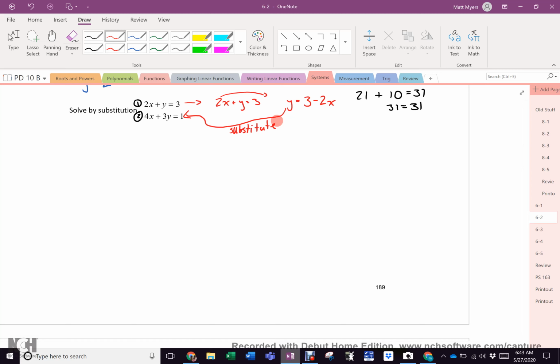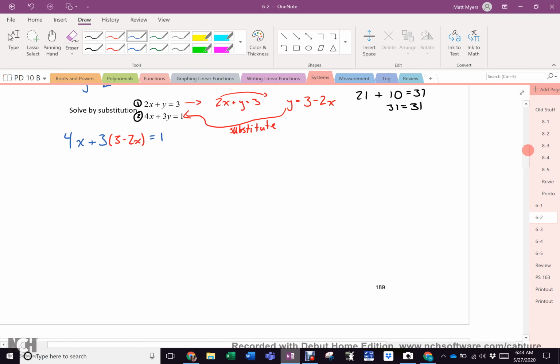Anyway, let's solve this. So I have 4 times x plus 3 times y, but it's not y, it's 3 minus 2x, equals 1.